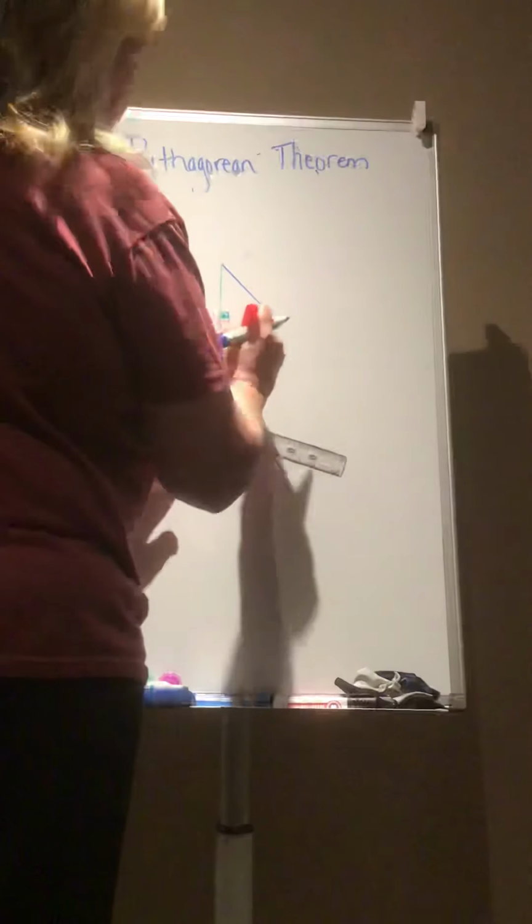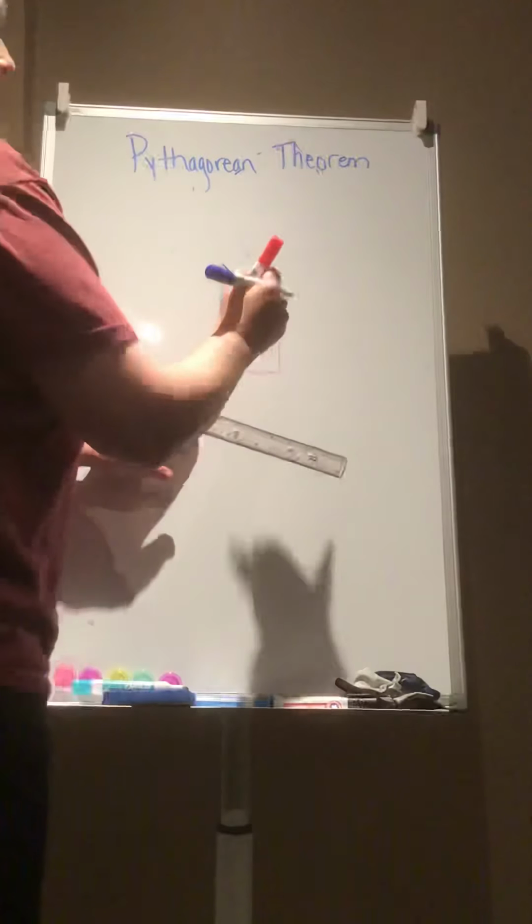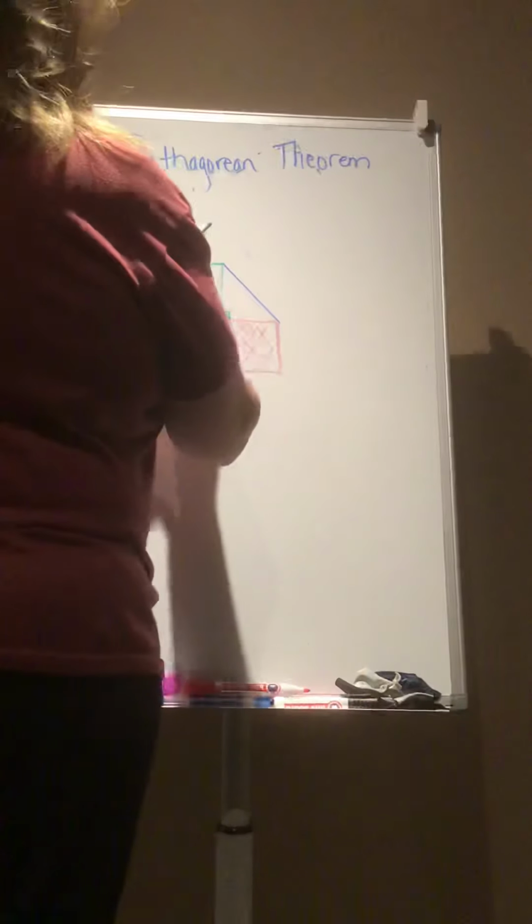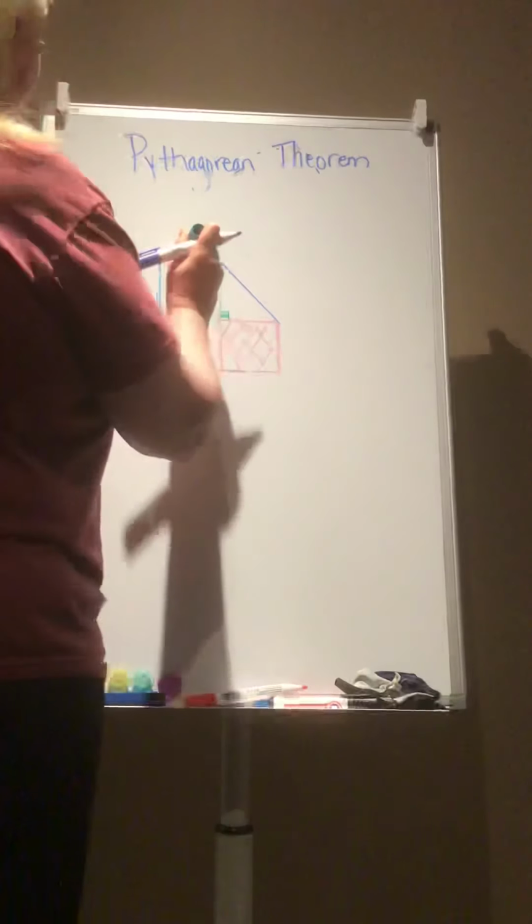This whole area would be A for this side times A, so that is A squared, this whole section. Over here, I think I overdrew that, but you get the idea.